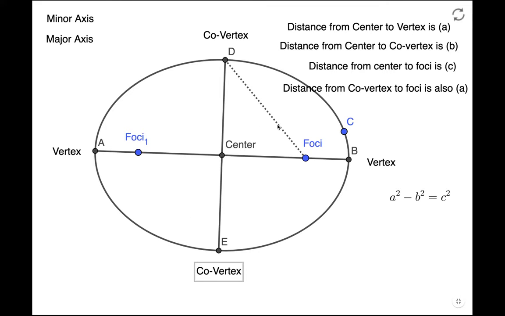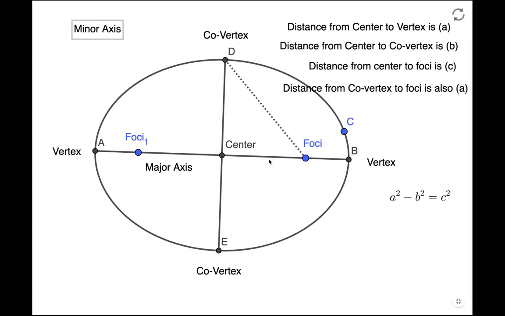It's not equal radius, because it's not a circle, but it does have a center. It has an elongated length. The length from A to B is called the major axis. The major axis is the longest distance possible from one end to the other. The minor axis is the shortest distance from one co-vertex to the next.